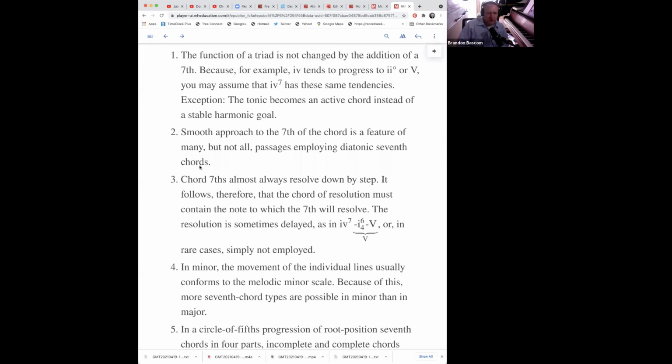All right, Corelli. No. E. Are we doing E? I think we are. Yeah, we are. What page are we on? We're on page 128. Yeah. Circle of fifth sequence. How's it going to go?